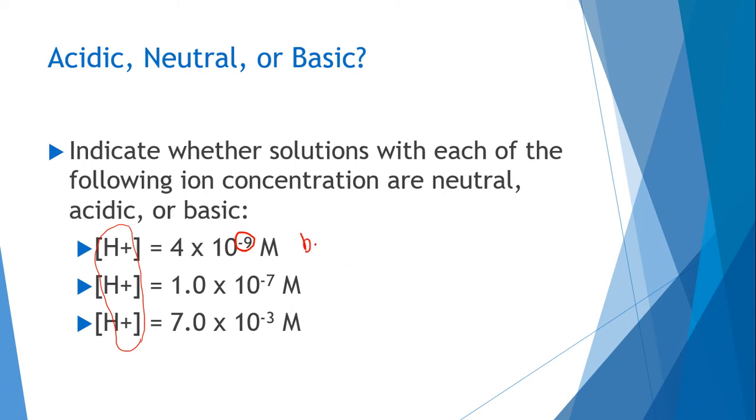So this would be classified as basic. Here, this concentration is exactly 1.0 times 10 to the -7th. So this one is neutral because it's equal. And then here, this -3 is bigger than -7. So this one's considered acidic.